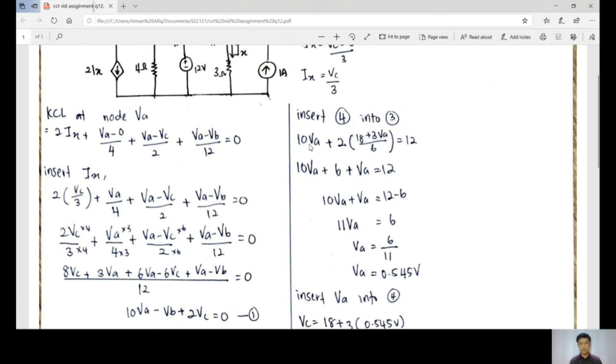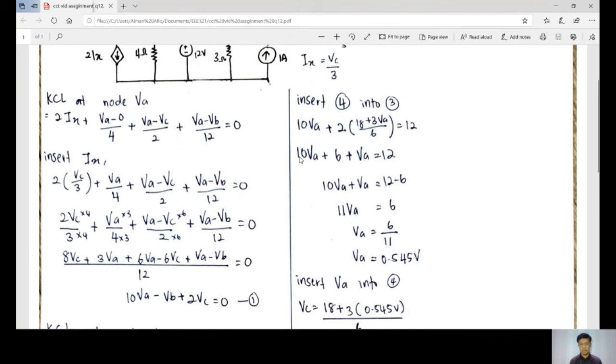So we get 10VA plus 2 times (18 plus 3VA) over 6 equal to 12. And then we get 10VA plus 6 plus VA equal to 12. The 6 we move to the right side, and then we get 10VA plus VA equal to 12 minus 6.